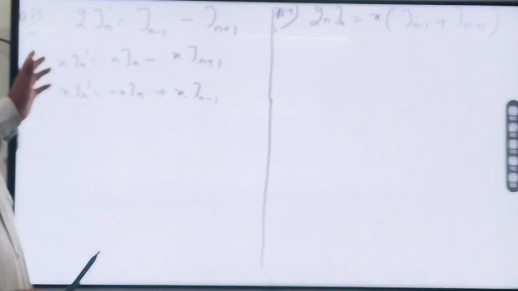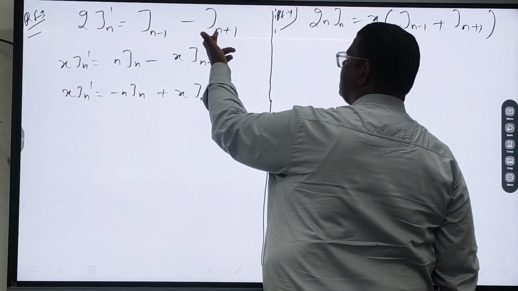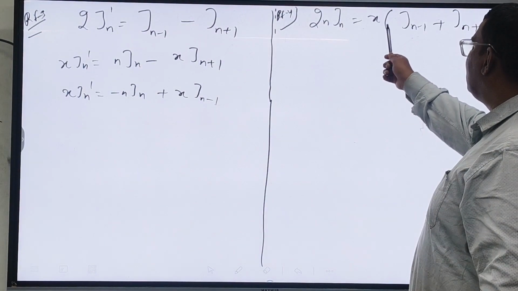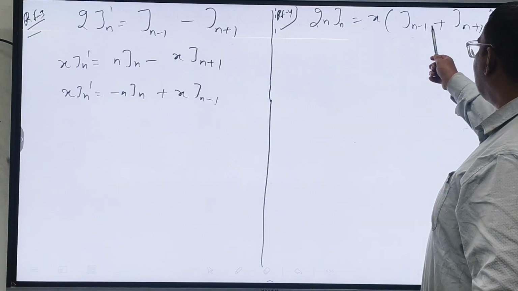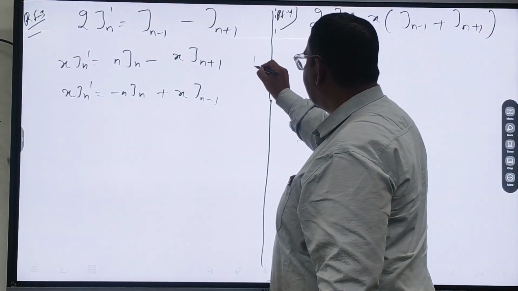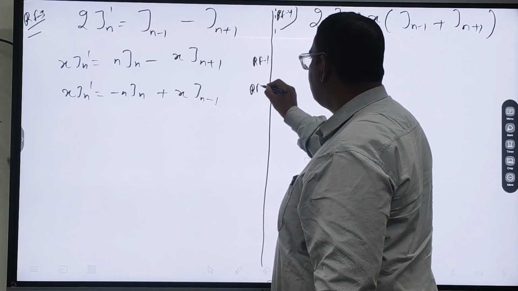So we have to derive recurrence formula number 3 here: 2 J_n' = J_{n-1} - J_{n+1}. And recurrence formula number 4: 2n J_n = x (J_{n-1} + J_{n+1}). So this was RF1 and this was RF2.